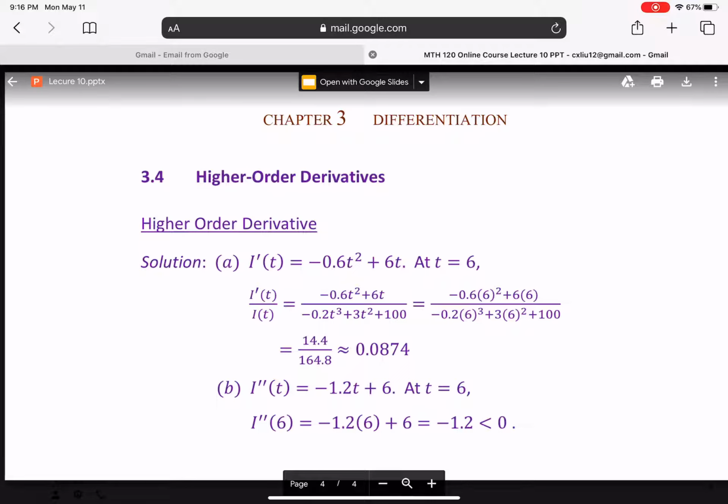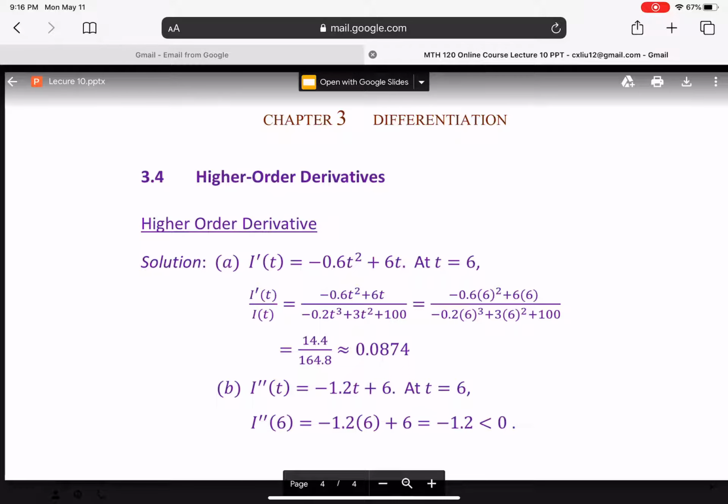So plug in 6 for t in this formula, we get negative 0.6 times 6 squared plus 6 times 6 over negative 0.2 times 6 cubed plus 3 times 6 squared plus 100. And that's equal to 14.4 over 164.8, and approximately equal to 0.0874. So that's the inflation rate at the year of 2010.